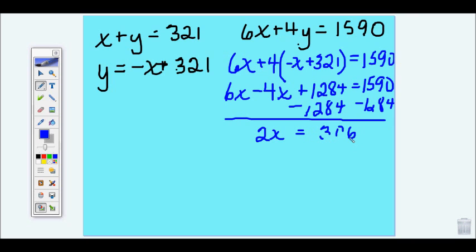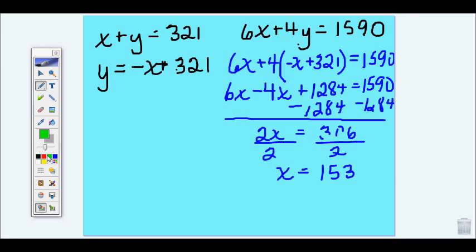Divide both sides by 2. x equals, and if I divide 306 by 2, I get 153. Now I can substitute that back in. I'm going to just substitute that back into my original sentence up here as my x plus y equals 321.